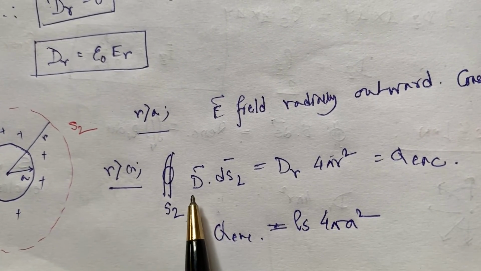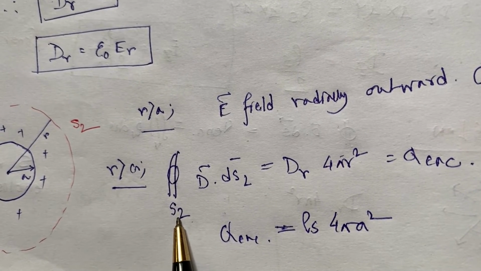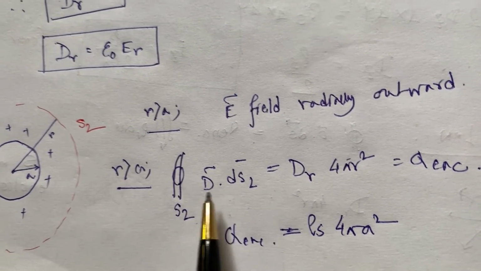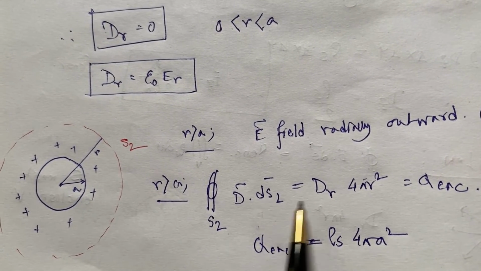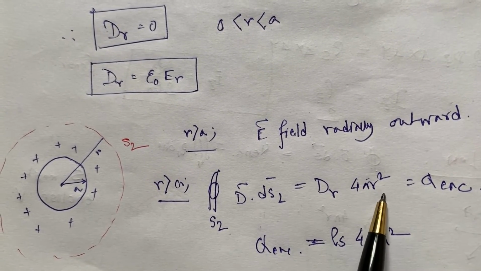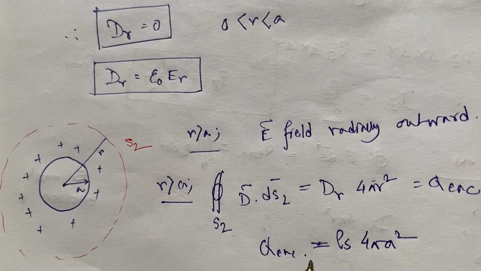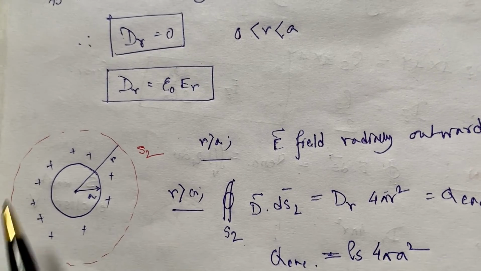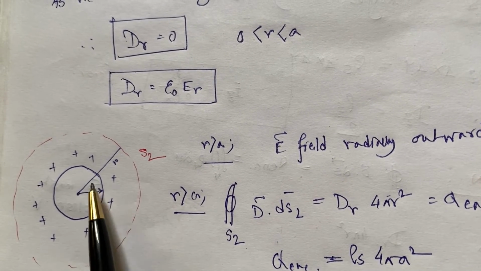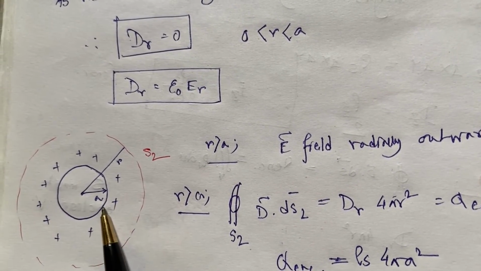The left hand side of Gauss's law looks like this. Now the integration is over the S2 surface. It is also spherical of radius r. So we have D_r times 4 pi r squared, and that is equal to Q enclosed. Q enclosed is of course rho_s times 4 pi a squared, because a is the radius of this shell and the charge is distributed on the surface of radius a.